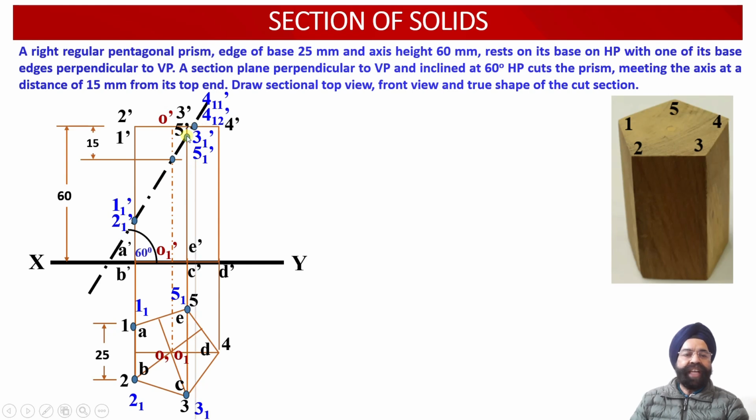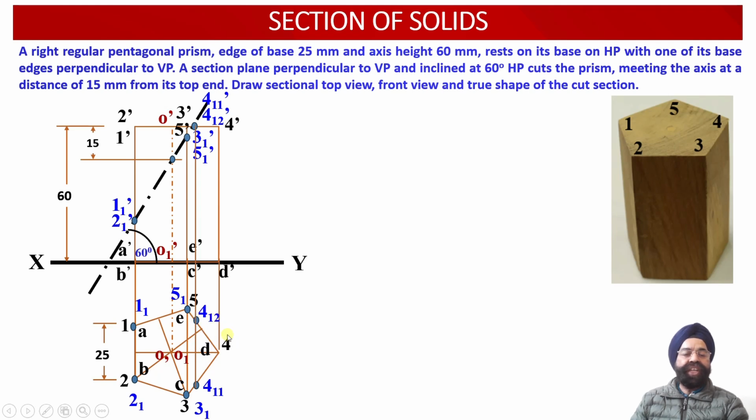Once we draw vertical projectors through the points 4 1 1 dash and 4 1 2 dash, wherever the vertical projector intersects the top face edge 3 4, we obtain the point 4 1 1. Wherever the vertical projector intersects the top face edge 4 5, we obtain the point 4 1 2 over here.